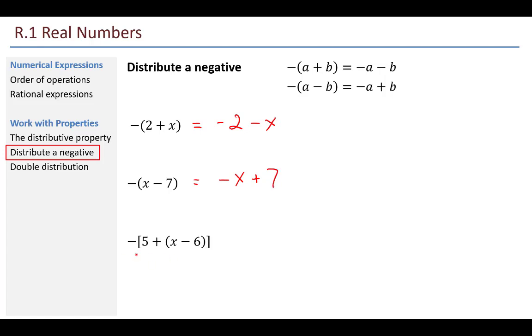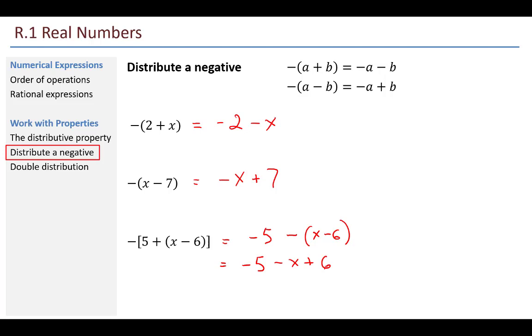How about this guy? I'm going to have to do a couple distributions, I think. Let's distribute the minus across the plus here, so that gives me -5 minus the quantity x minus 6. Oh, but now I need to distribute again. This is -5. Now when I distribute this minus, -x plus 6.